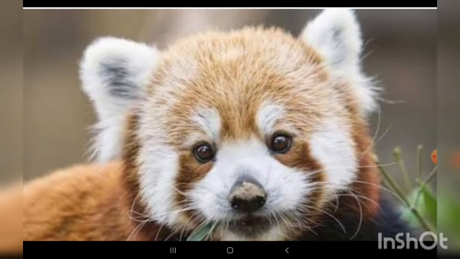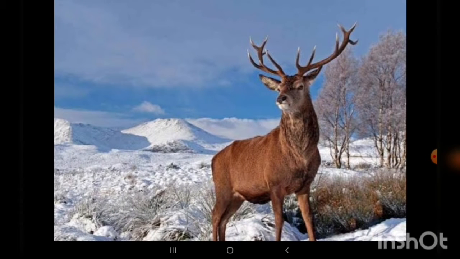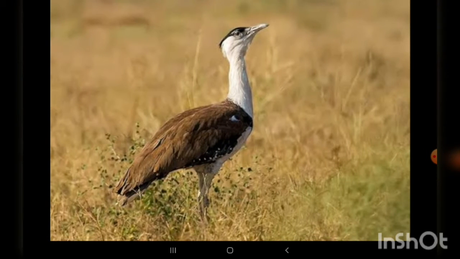Next is a photo of the red panda and the steppe eagle, which are endangered. Then comes the Kashmir stag and the great Indian bustard, which are critically endangered.